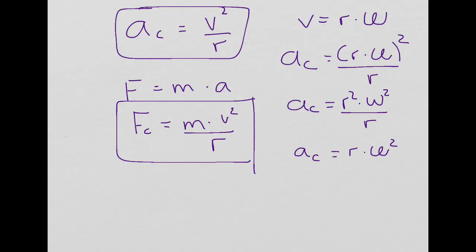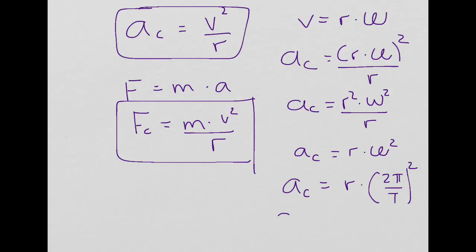And then the final step here is to recall that angular speed is equal to radians over time. So I can rewrite this as AC is equal to r times 2 pi over t all squared. Okay, remember that there are 2 pi radians in a circle, and then angular speed is just radians over some unit of time.